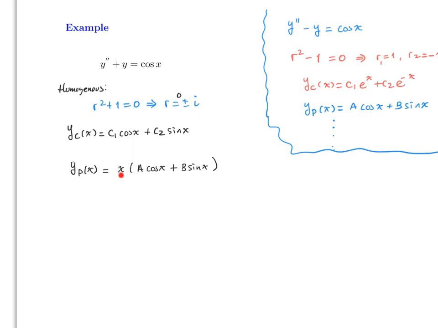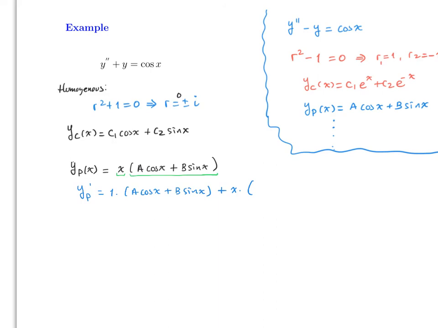And this is going to make taking the derivatives much messier. So this is what I mean. Here, if you find the first derivative, now you have a product. So you have this times this. The derivative of the first one is 1 times the second one plus the first one times the derivative of the second one.